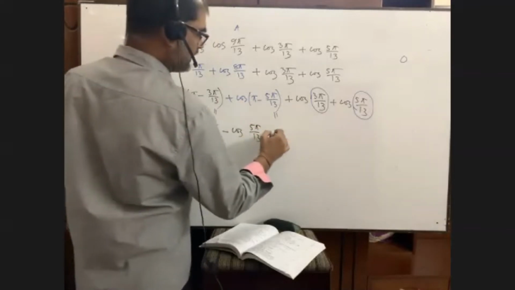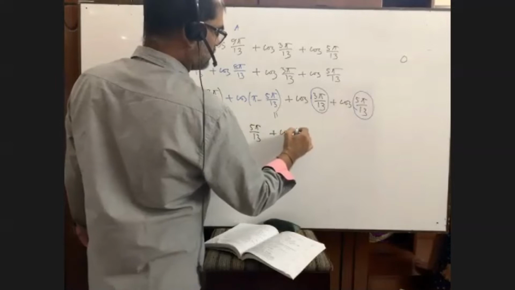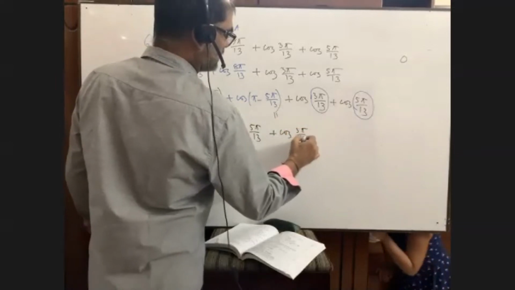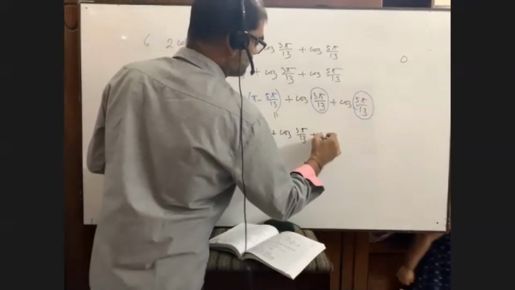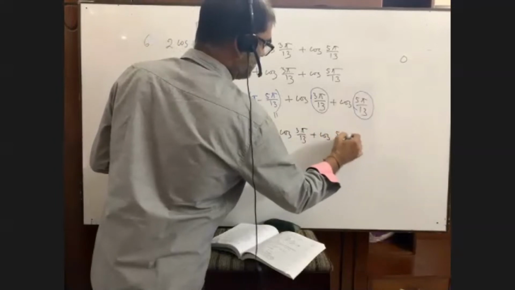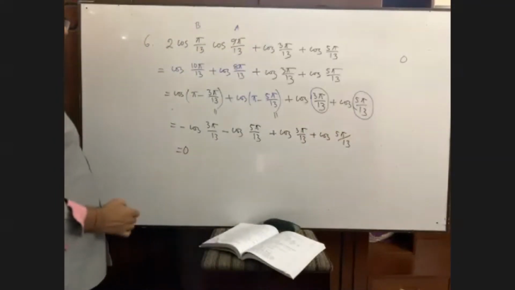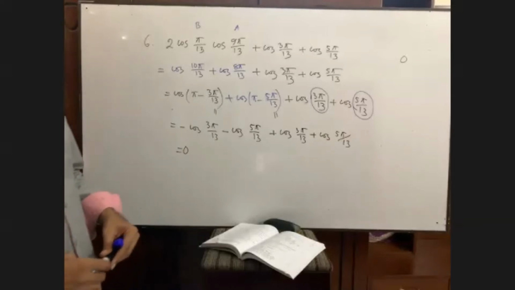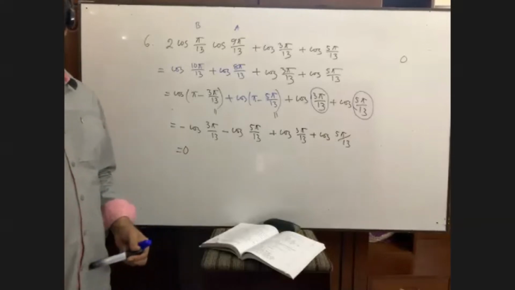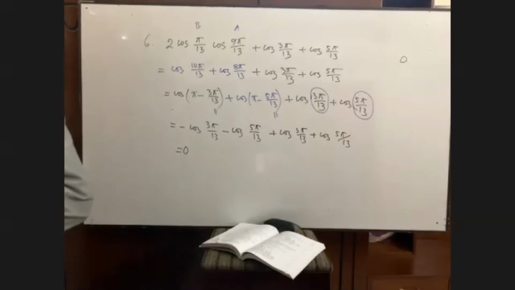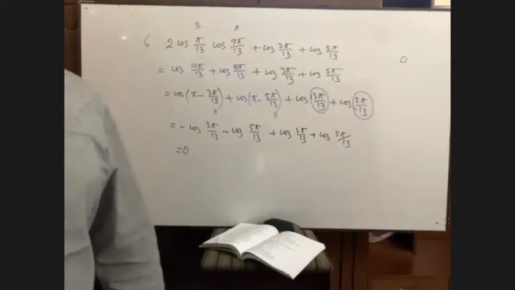That is, just to maintain the formalities, 3 pi by 13 plus cosine 5 pi by 13, and that is equal to 0, and it is our right hand side. Okay. Yes, sir. So our math is done.